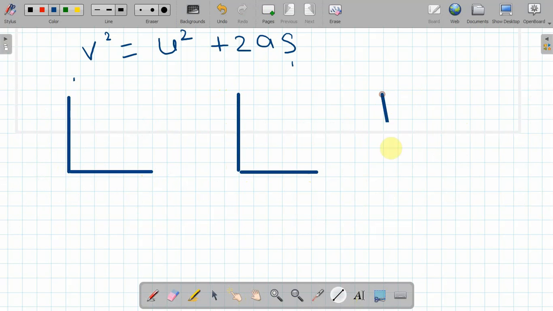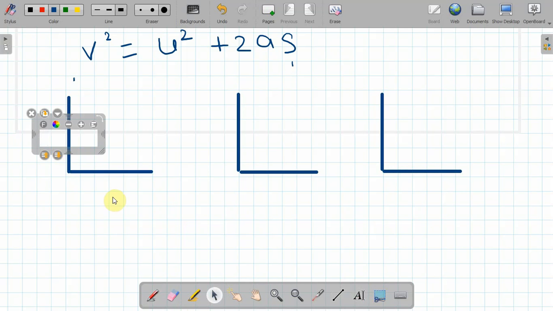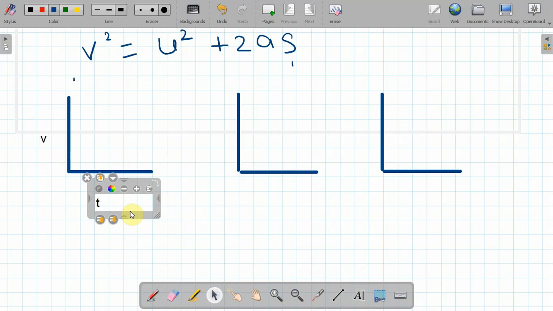Now I am going to show you three scenarios where a particle is moving with an initial velocity u, and I am going to project this in the velocity time curve.